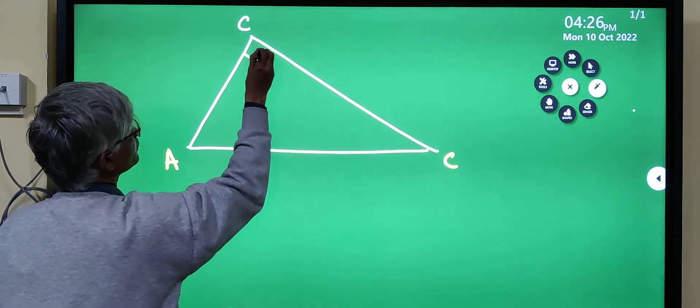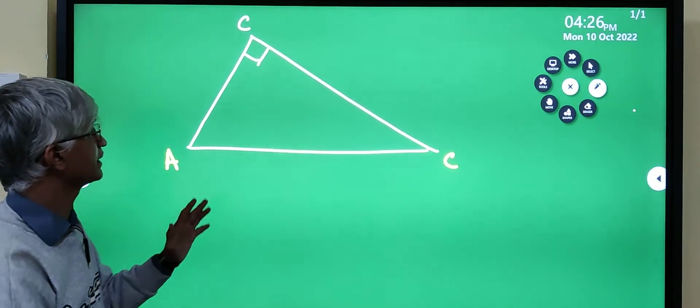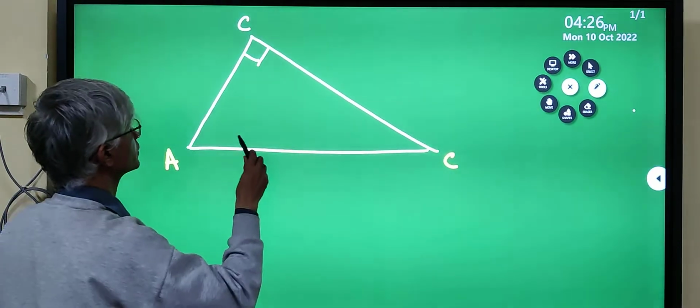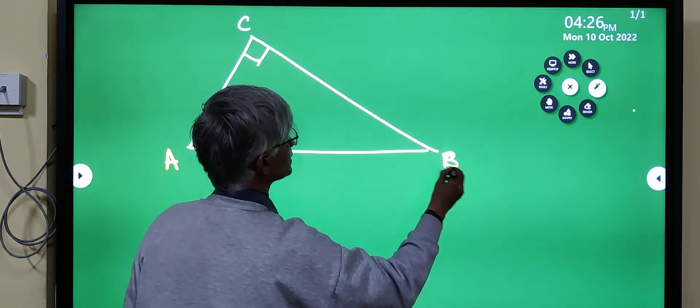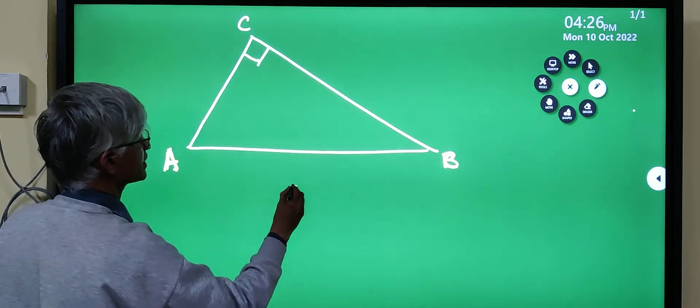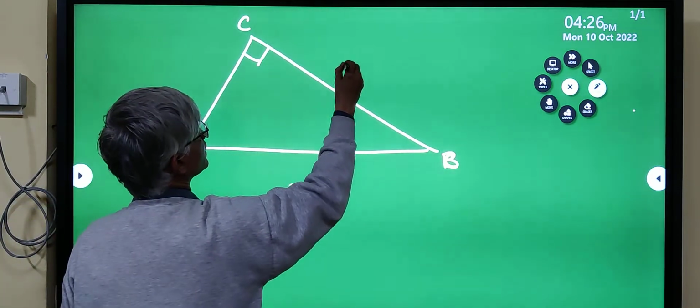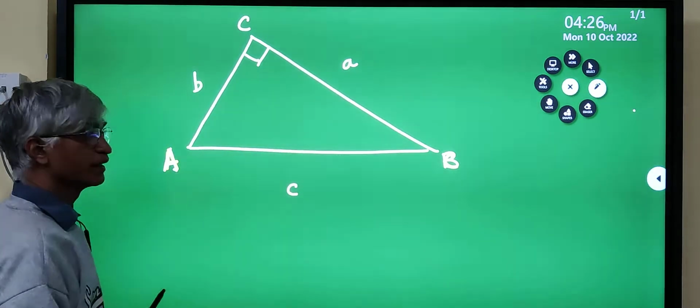So please do not be confused just because the triangle has been inverted. And now don't forget our standard notation, which is to call this side C, this side A, and this side B.